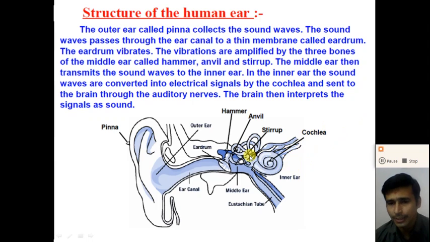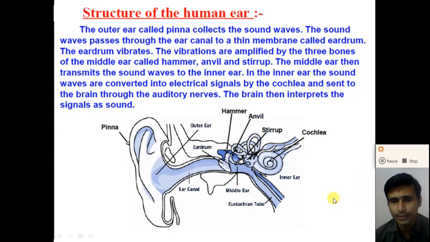In the inner part of the ear, the cochlea is there, and this cochlea converts the sound wave into an electrical signal. This electrical signal passes through the nerve system to the brain, and the brain interprets this electrical signal, and as the brain interprets the sound signal, we can hear the sound, right?